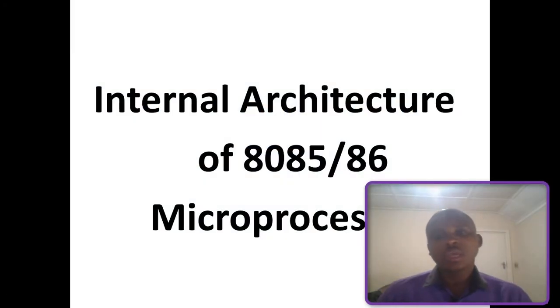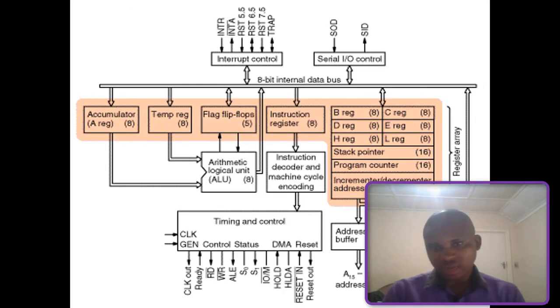I'm going to show you the internal architecture of the 8085 or 8086 microprocessor. This is the microprocessor which you are going to be using in this course. This is the diagram for that. We've got some registers, the ALU, and some general purpose registers.